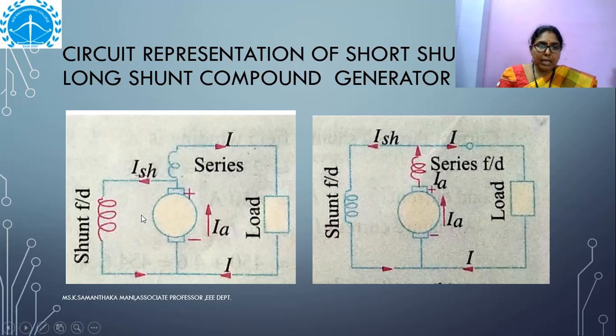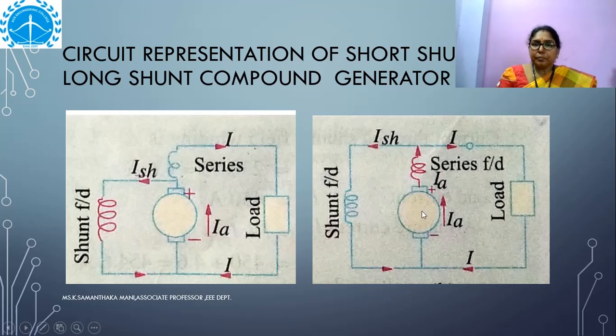First, I'll start with the short shunt compound generator. Here the shunt field current is Ish, the series field current and load current are one and the same, and this is the armature current. Now, the current relation is: armature current is the sum of shunt field current and the load current.